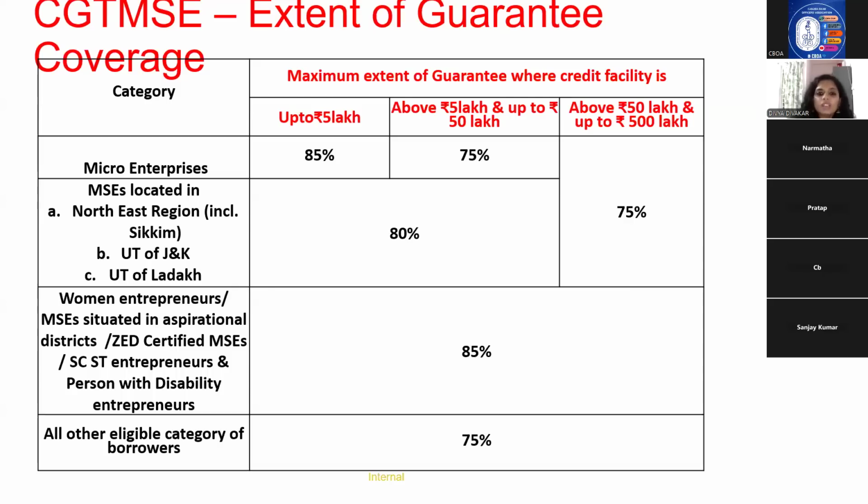Then in another case, due to geography and situations, like MSE located in the Northeast region, Ladakh, Jammu and Kashmir, they will be given nearly maximum, but not the best. That is 80%. Rest all the categories will be given 75%. You can easily remember like that.